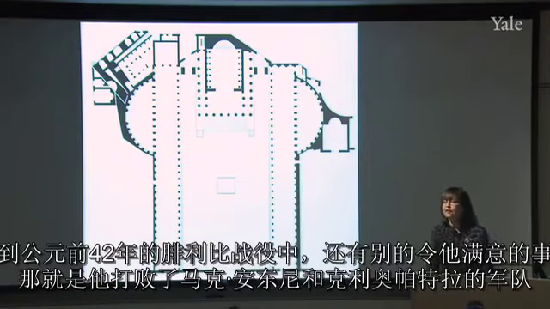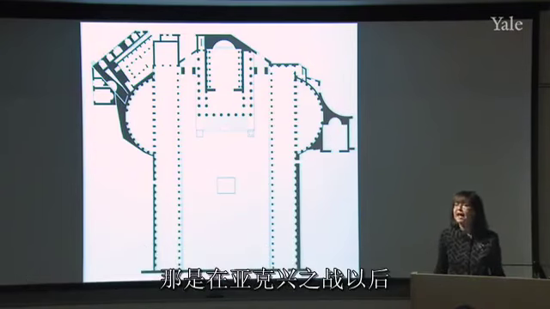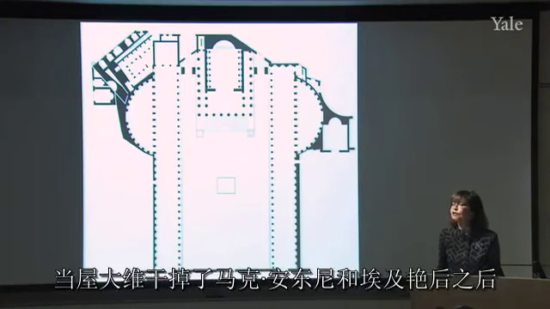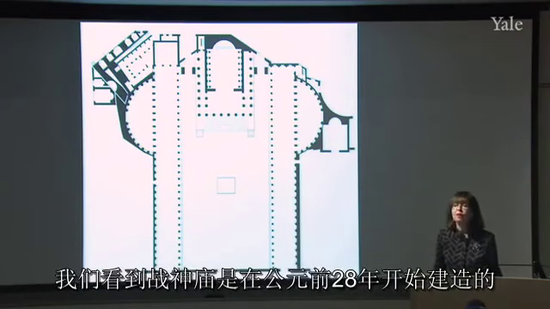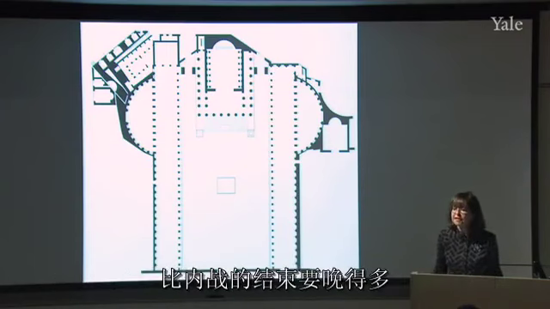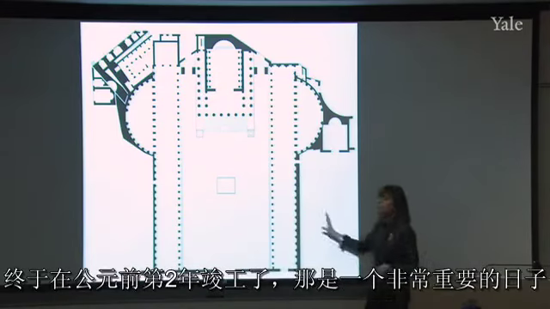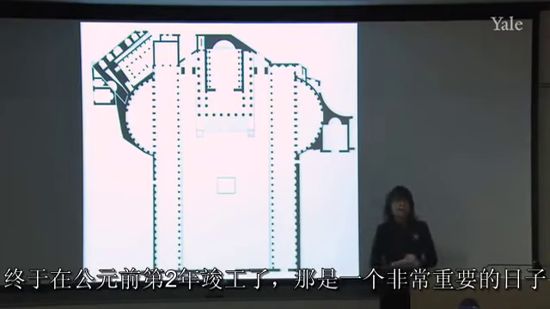Again, the Battle of Philippi was 42, but he had a lot of other things to contend with, namely Mark Antony and Cleopatra. It wasn't until after the Battle of Actium, when he got rid of the two of them, that he had time to build this temple, and we see it beginning to go up in 28 BC, considerably later than the original battle.